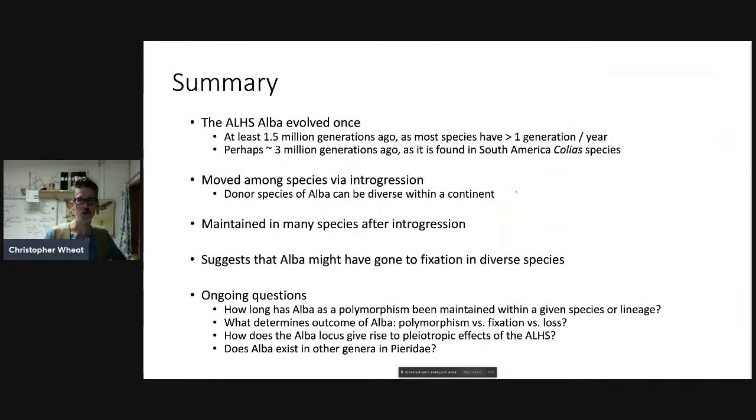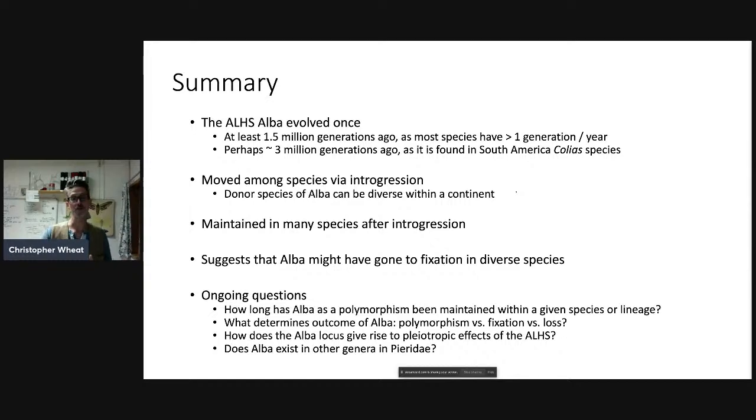Okay, so in summary, it looks like this Alba phenotype, this alternative life history strategy, evolved only once. And it was at least 1.5 million generations ago, because these species all have at least one generation per year. And we've been able to temporally calibrate this back to at least 1 or over 1 million years ago.